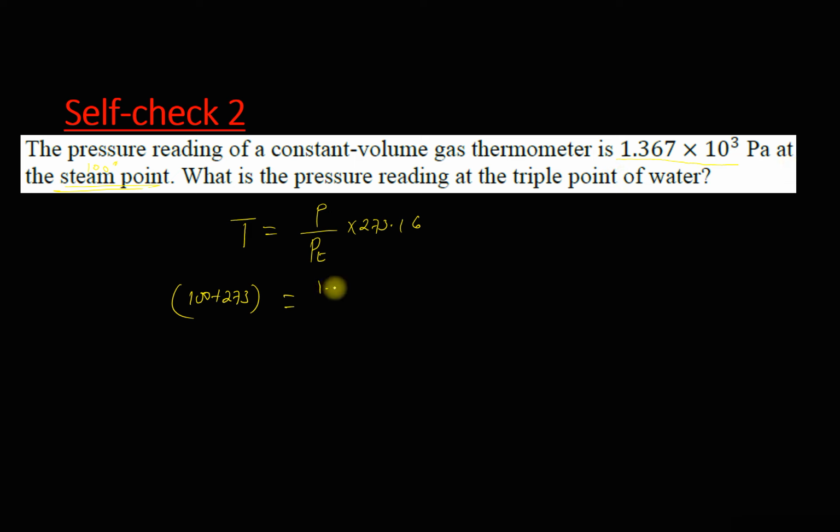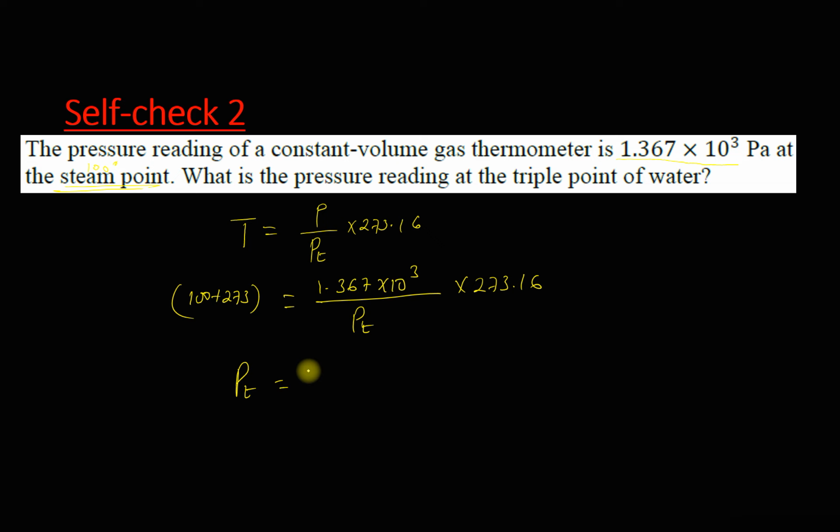So P is 1.367 times 10 to the power of 3. This is going to be divided by the pressure at the triple point, then times 273.16. I just want to find the pressure at the triple point, so I'll just multiply 1.367 exponent 3 times 273.16 divided by 100 plus 273.